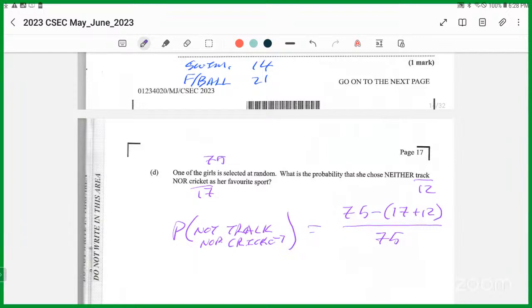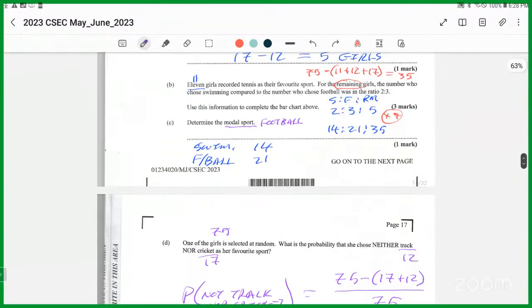That gives you the probability. It says neither track nor cricket, so you want everybody else. The probability of getting everybody else is the number of other persons divided by 75.